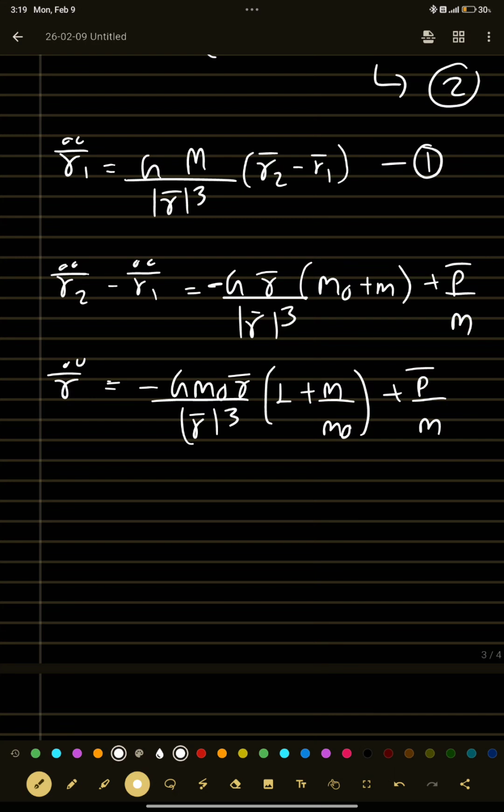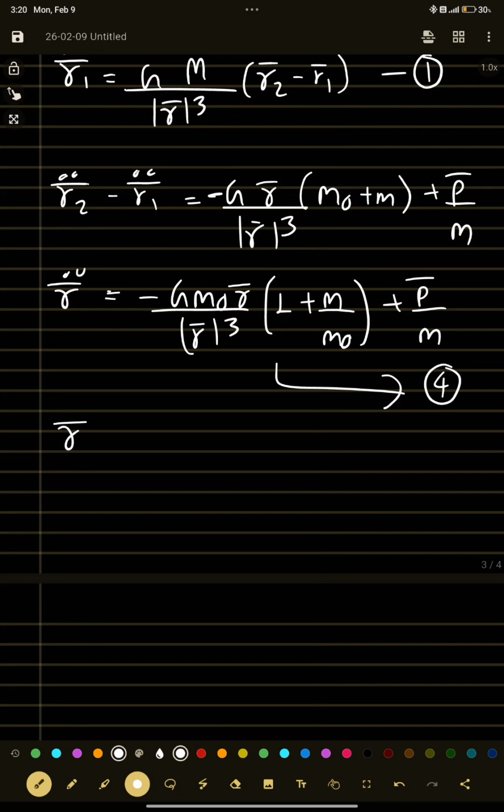Restricted two-body problem. In your typical central force problems, your m naught was much greater than m. So if you enforce the second assumption, you will get the conventional central force motion equations, whatever we had derived, because m will be negligible as compared to m naught.